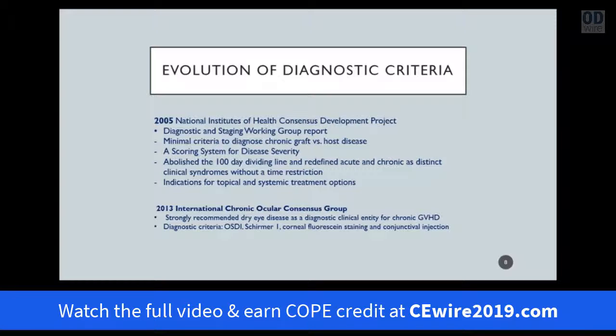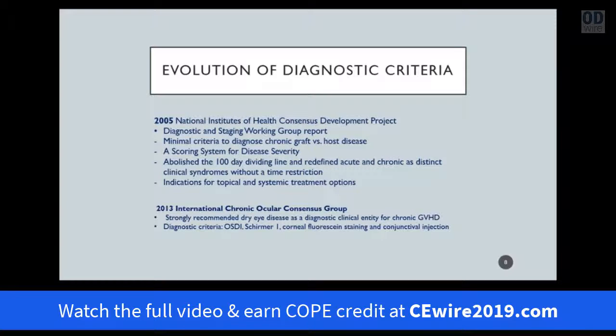So per the 2014 guidelines, diagnostic manifestations sufficient alone to establish a diagnosis of chronic GVHD may be found in the skin, mouth, GI tract, lung, and genitalia. The 2005 NIH Consensus Development Project set the diagnosis and staging.